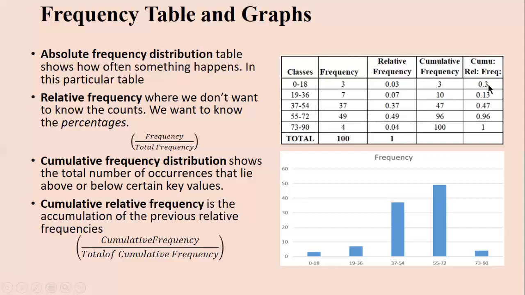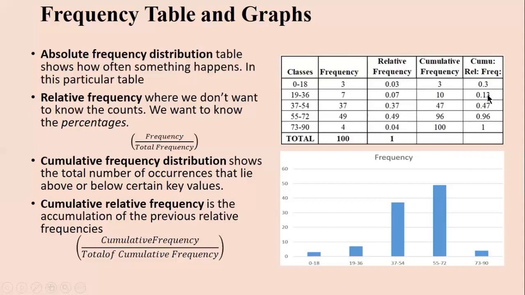We can say that 3% of the observations belong to the first class, but when the second class comes in, then in total 13% observations, because from the second class, I think there is a mistake over there. Yes, it should be 10.